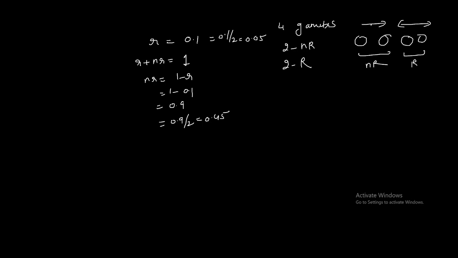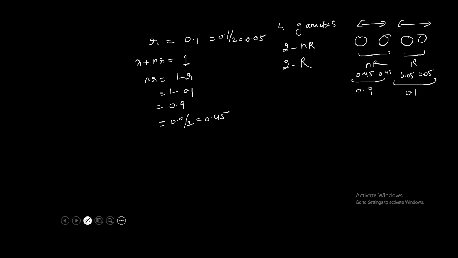Remember this. So you need to calculate the frequency of 1 recombinant. If the frequency of 2 recombinants is 0.1, then the frequency of 1 recombinant is definitely going to be 0.05 here and 0.05 here, and if you add them, it is going to be 0.1. Similarly, if it is 0.45 here and 0.45 here, if you add them, you will get 0.9.